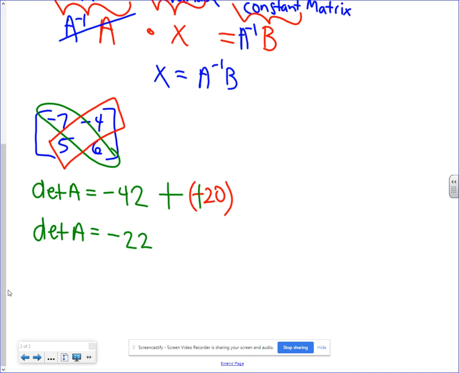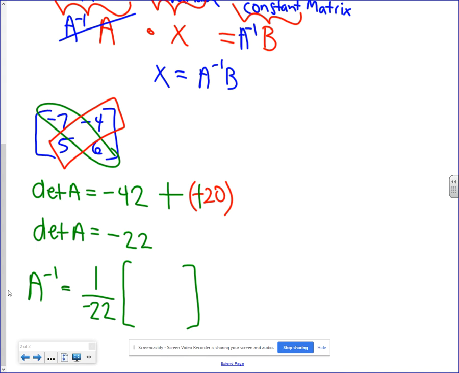Now, we're going to use that to find the inverse of A. So to find the inverse of A, you do 1 over the determinant. And we calculated the determinant to be negative 22. And then we're going to multiply that by this matrix.